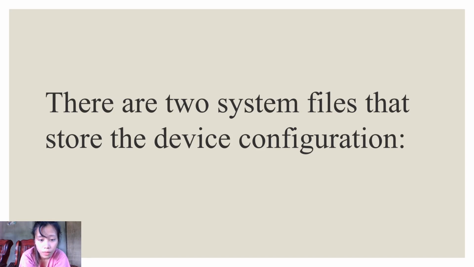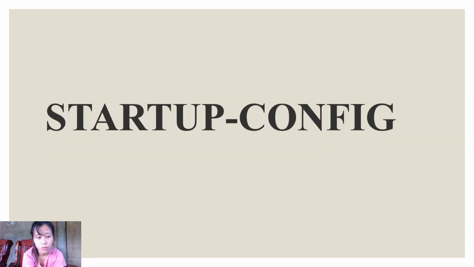The first is the startup-config, the file stored in non-volatile random access memory, which is the NVRAM. It contains all the commands that will be used by the device upon startup or reboot.